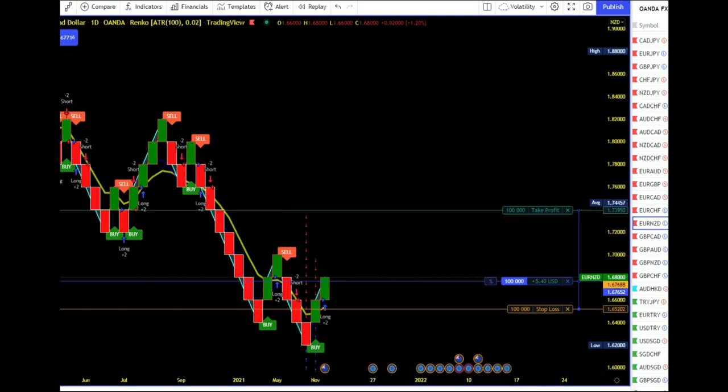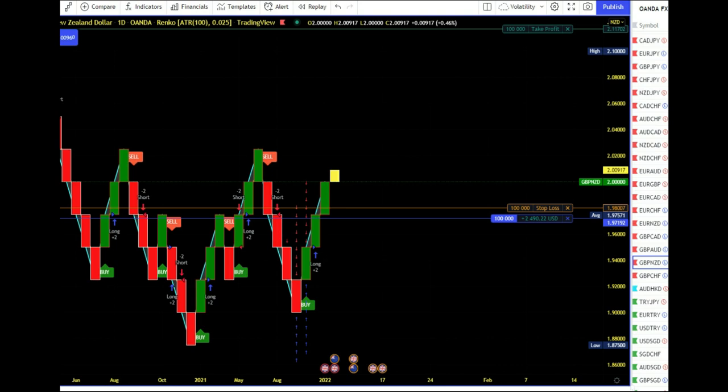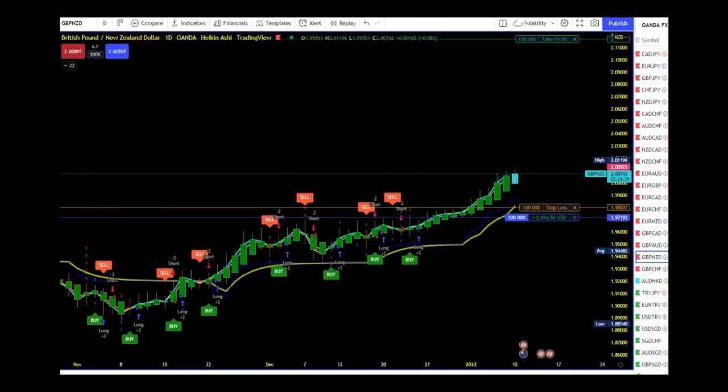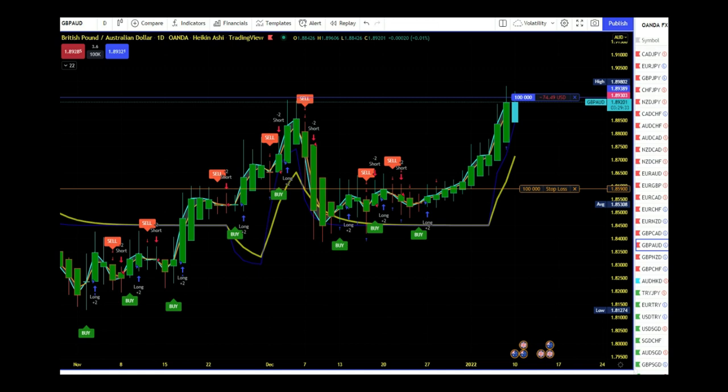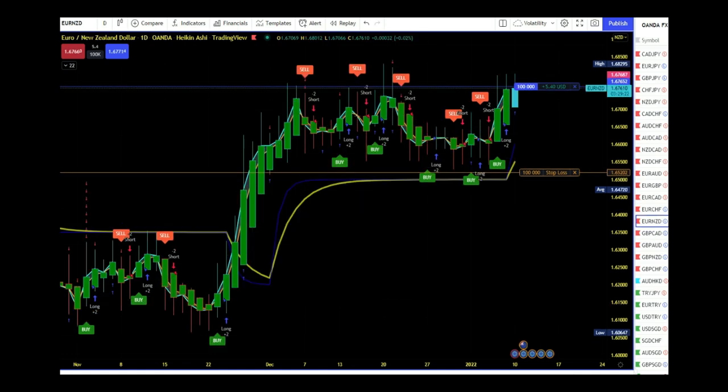The system is still working now. Returns between 10, 15, to sometimes 30 or 40, or 80% a year are possible. But we have seen that there are also a lot of lags in this market.